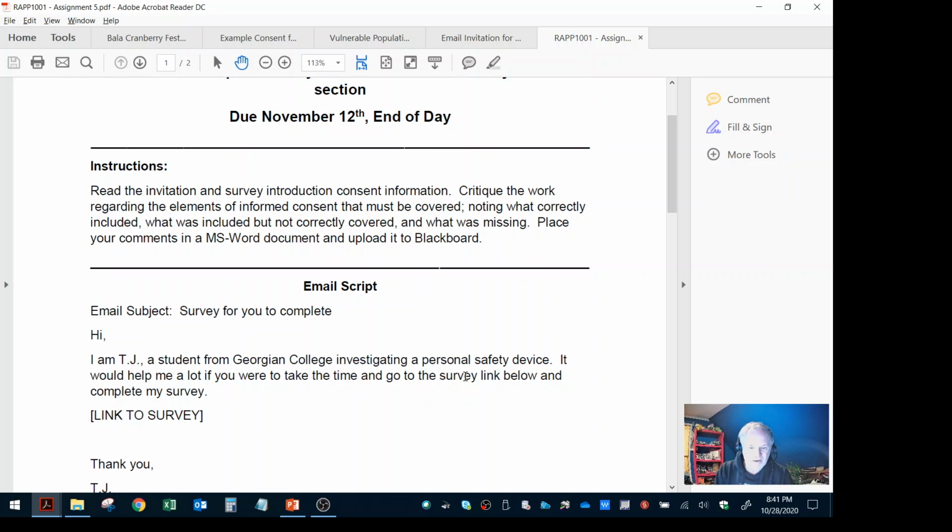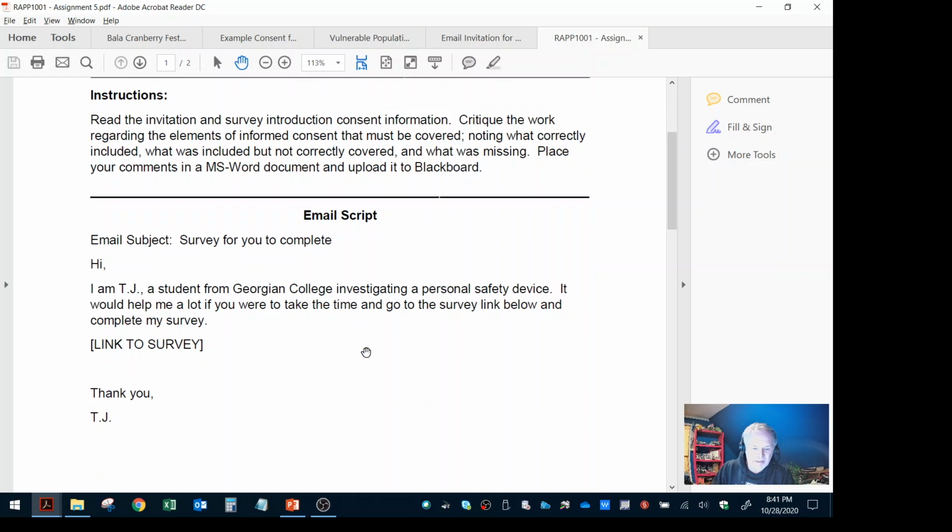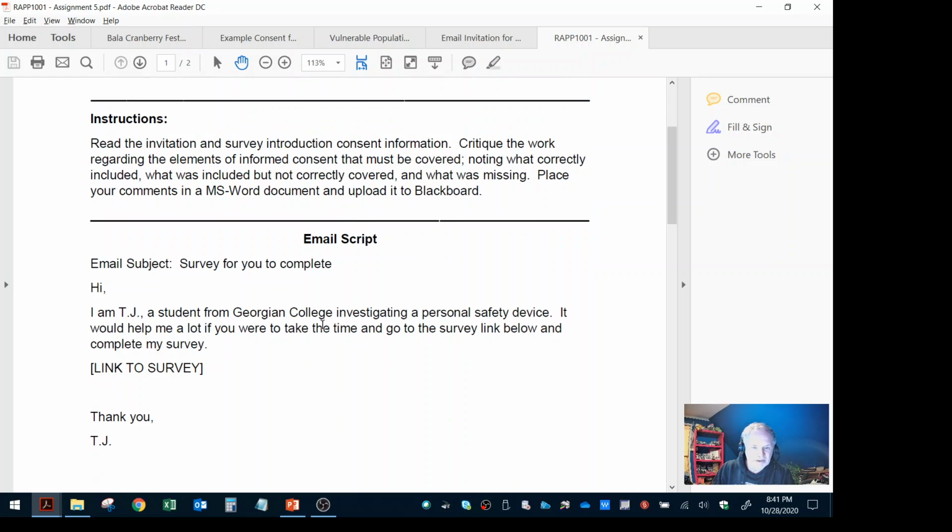So I want you to critique the work regarding the elements of informed consent that must be covered, noting what was correctly included, what was included but not correctly covered, and what was missing and should have been in either the email or the consent form. Place your comments in an MS Word document and upload it to Blackboard. So you're to use the examples.